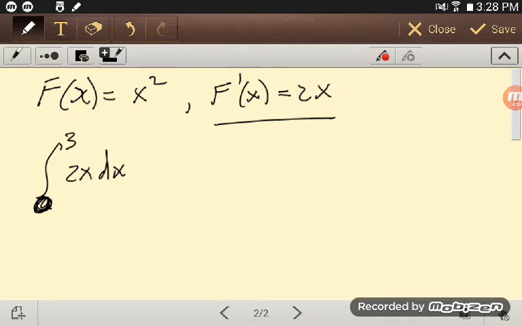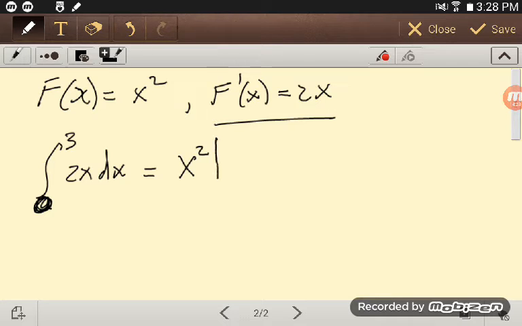The theorem says all I have to do is take that antiderivative, x squared, and evaluate it at 3 and subtract it evaluated at 0.